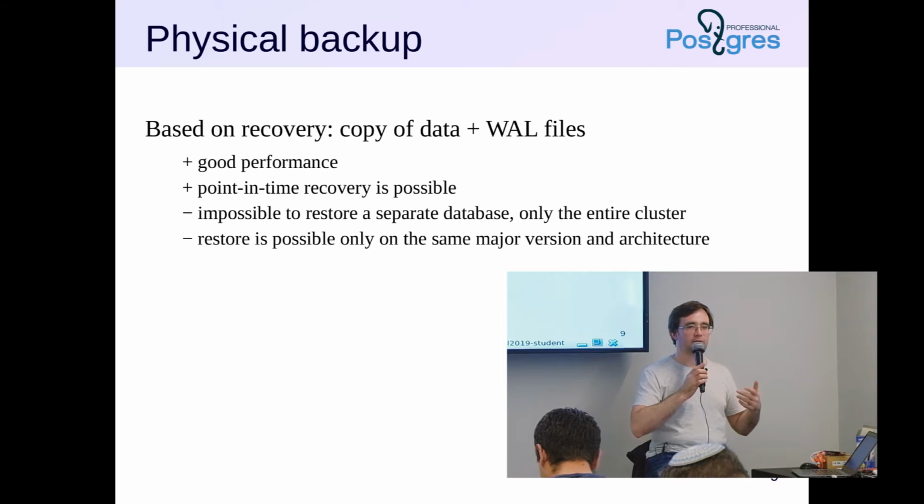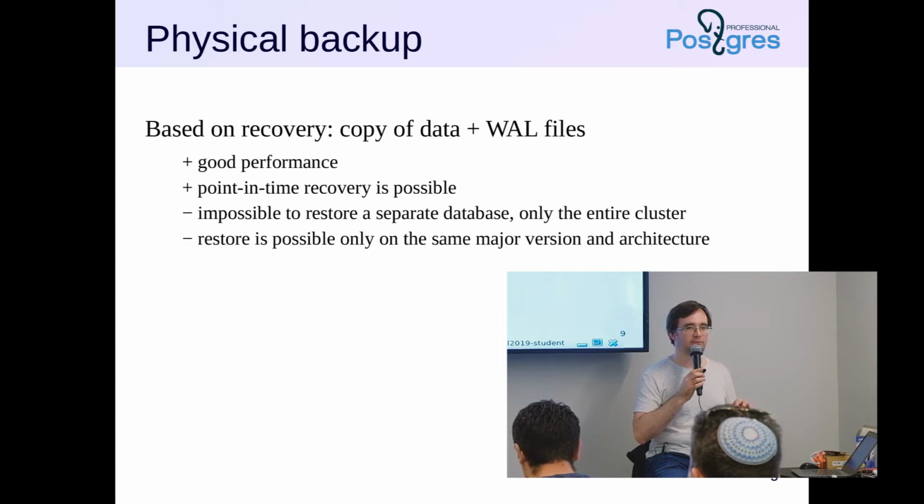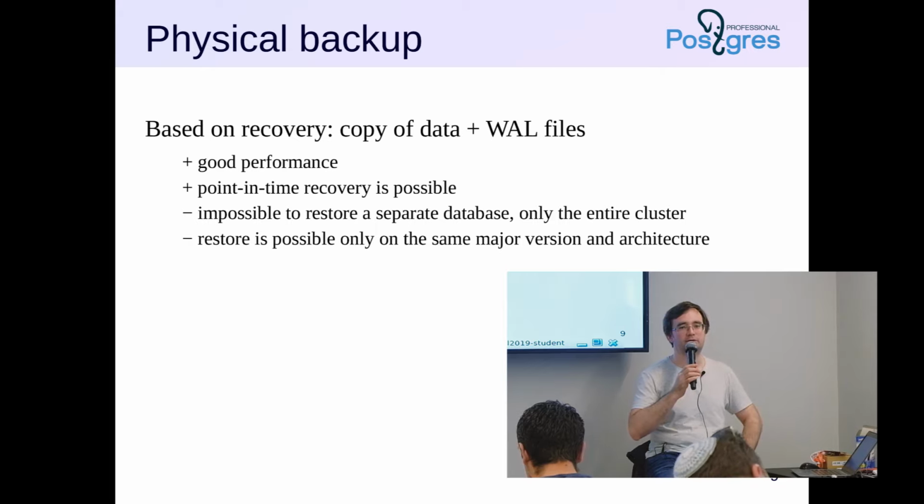But while you copy this data, the system may change, so you can get inconsistent information in your files. And that's why you need WAL files to restore consistency after that. It's the same mechanism as Postgres uses for recovery from failure.